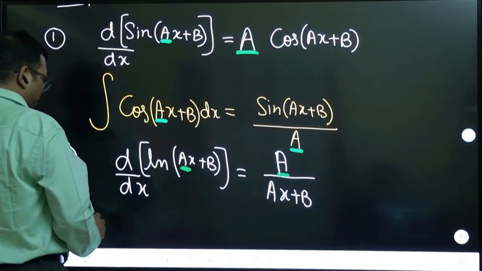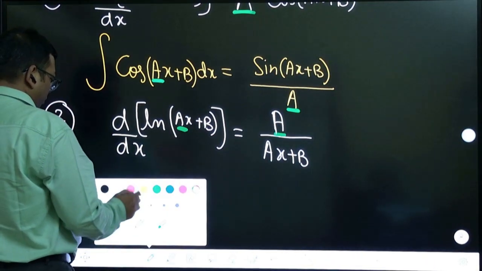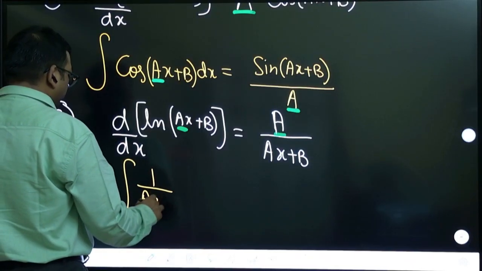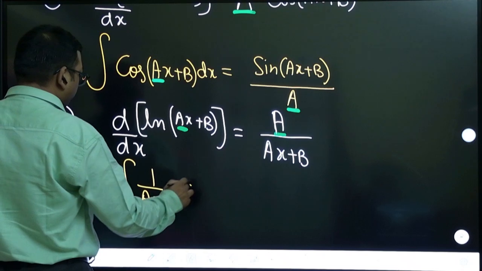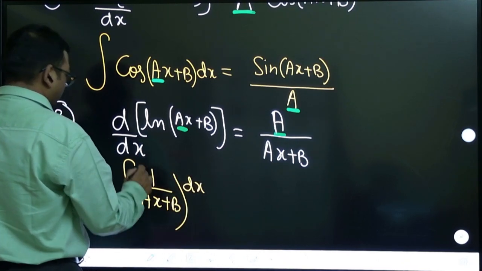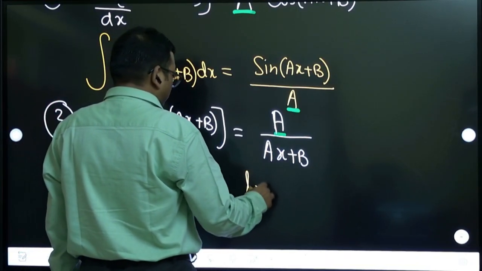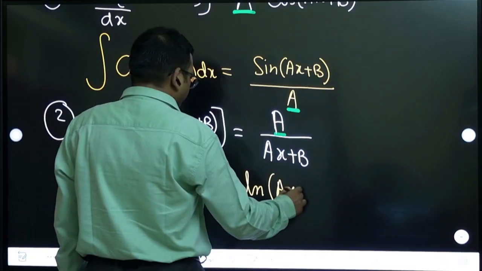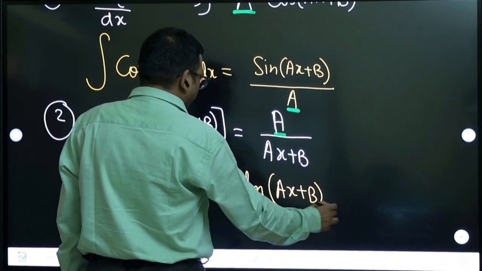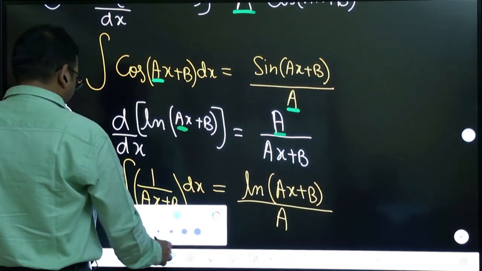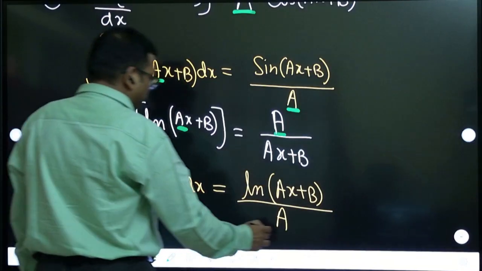Suppose I integrate 1 by (ax + b) with respect to x, then this will become ln(ax + b), but a will get divided. This a will come here.